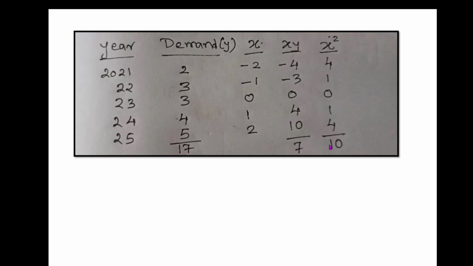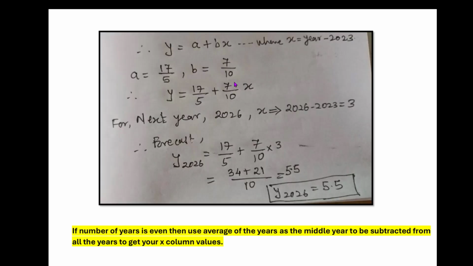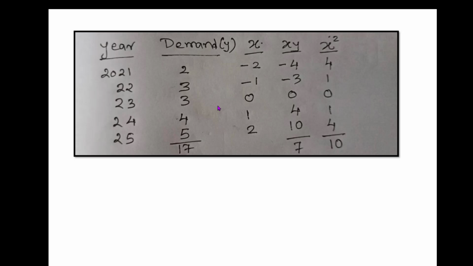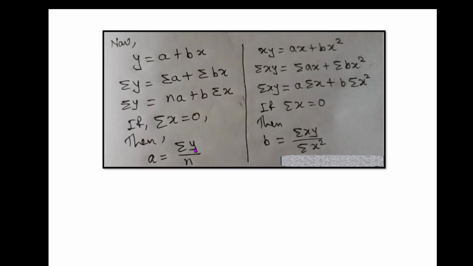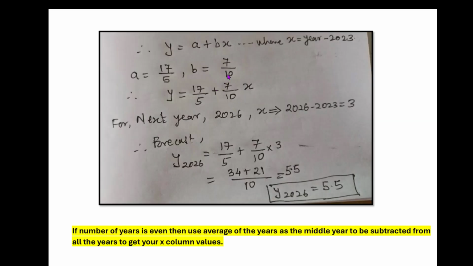So sigma y is 17, sigma xy is 7, sigma x square is 10. So when I substitute them, I will get a equal to 17 by 5, because it was sigma y by n, and b is sigma xy upon sigma x square, so b equal to 7 by 10. So once I have this, I can substitute here and my equation is ready.